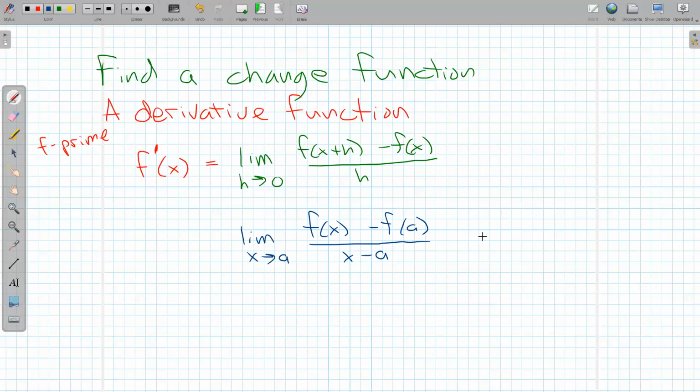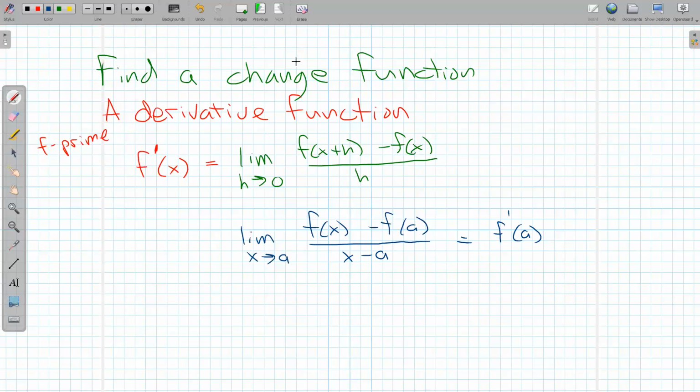Now, since x is going to a, we'll end up with f prime of a here. No big deal. a is just some other letter interchangeable with x. But technically it's right, a different x value, but it's still an x value. So there's two different versions of this. This one is kind of the more traditional one. The blue one I call the alternative approach. And sometimes one is easier than the other. Sometimes they're both just a heck of a lot of work.